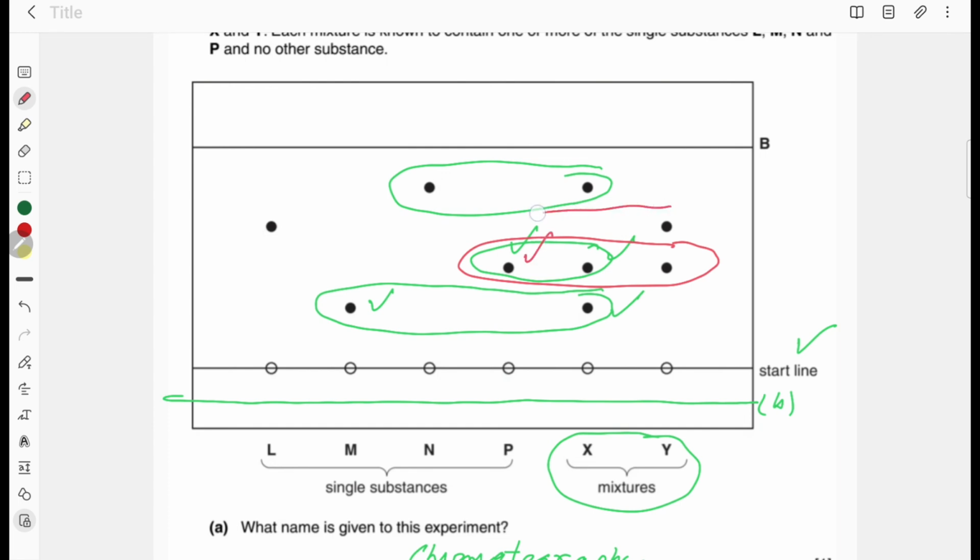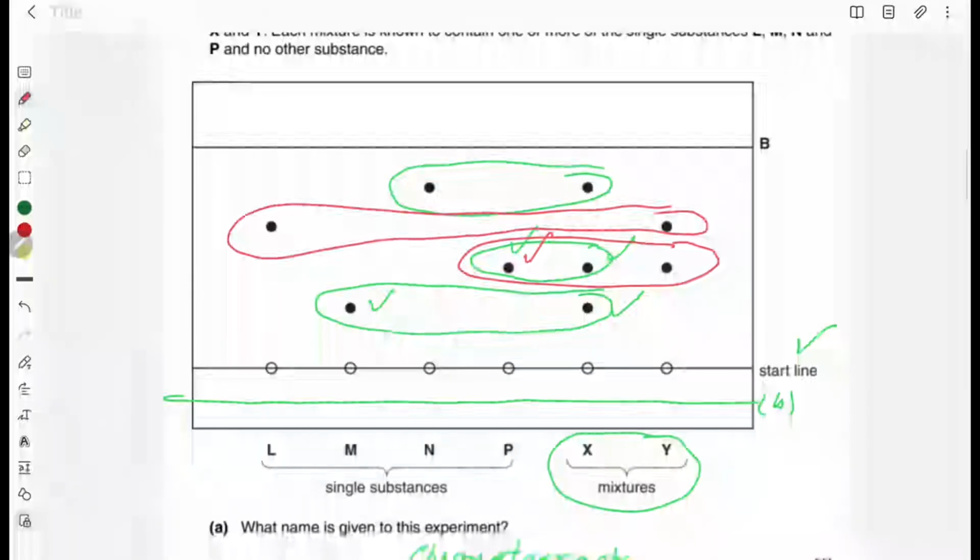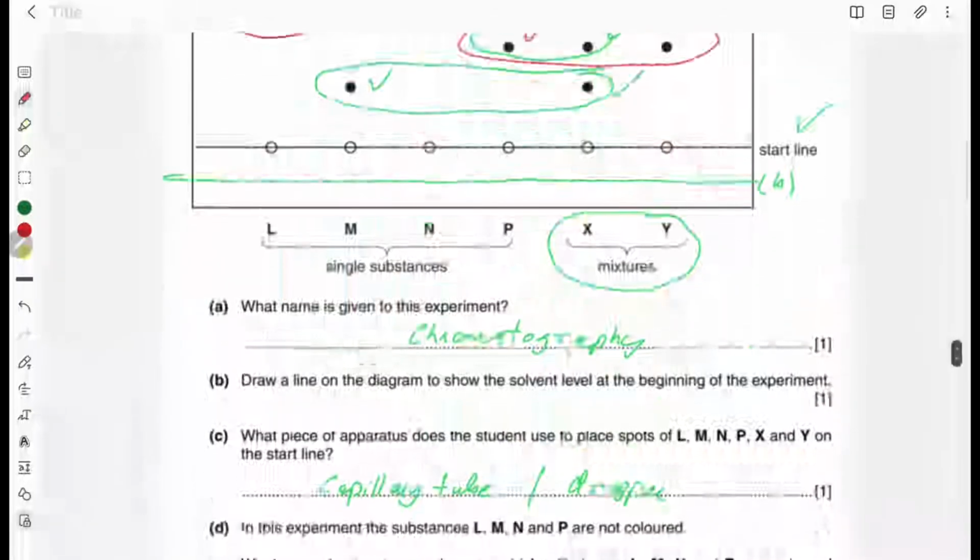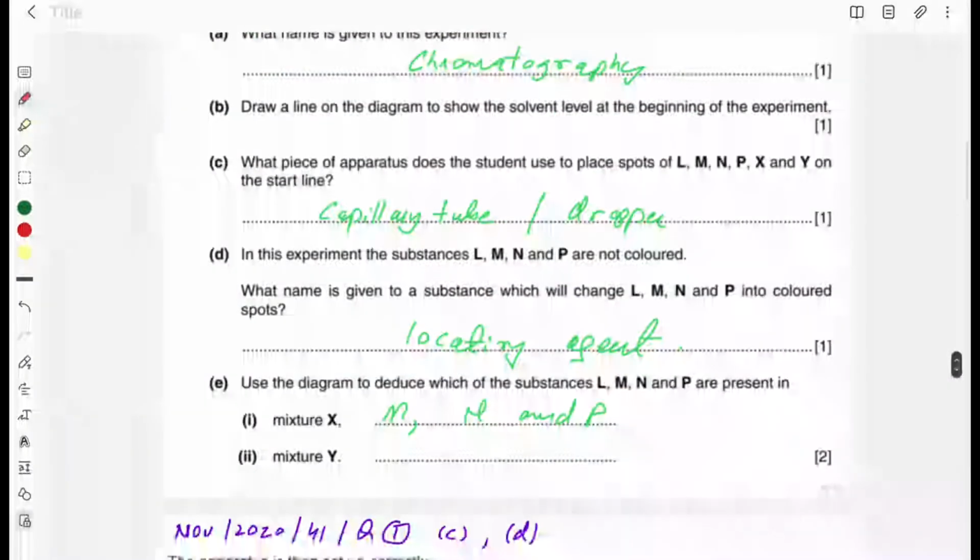Mixture Y contains L because these dots are at the same height. So only two dots. So the answer is L and P.